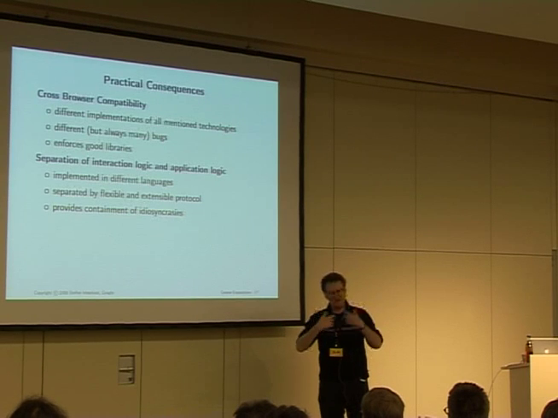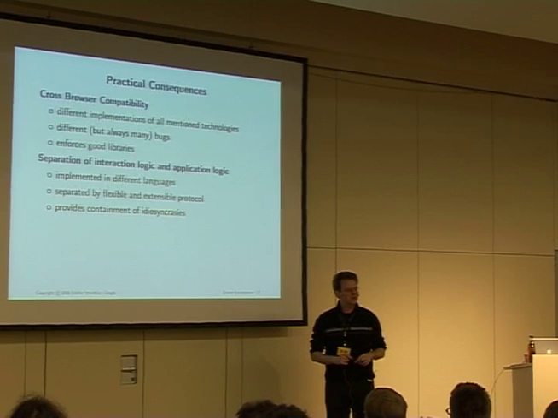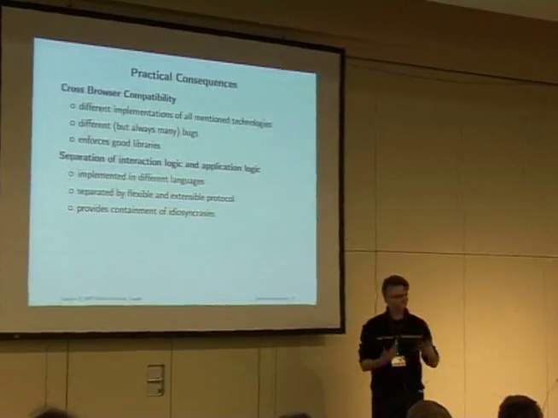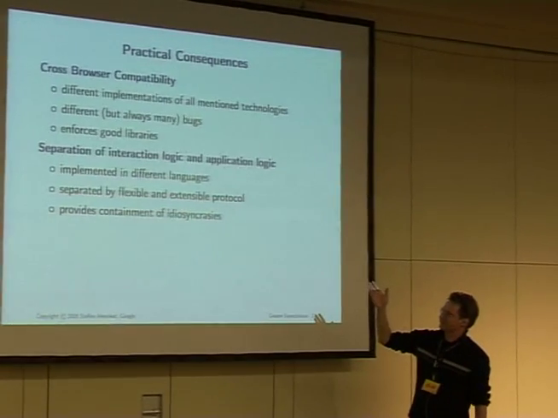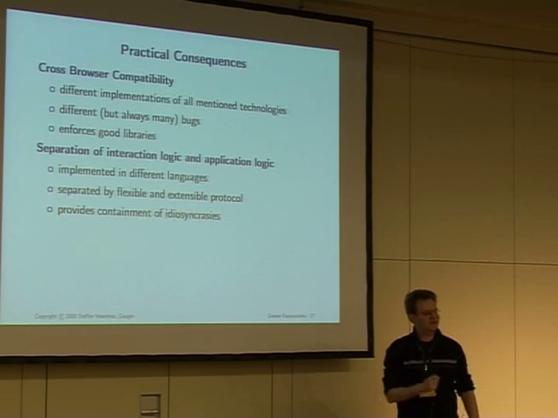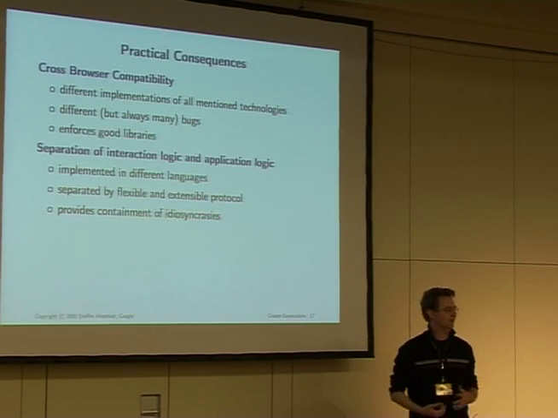Whereas if you just program against one common platform, then you tend not to refactor your code into library and application code. And this way that you really have to deal with really weird idiosyncrasies of these browsers forces you to write good libraries. That's a really good point.